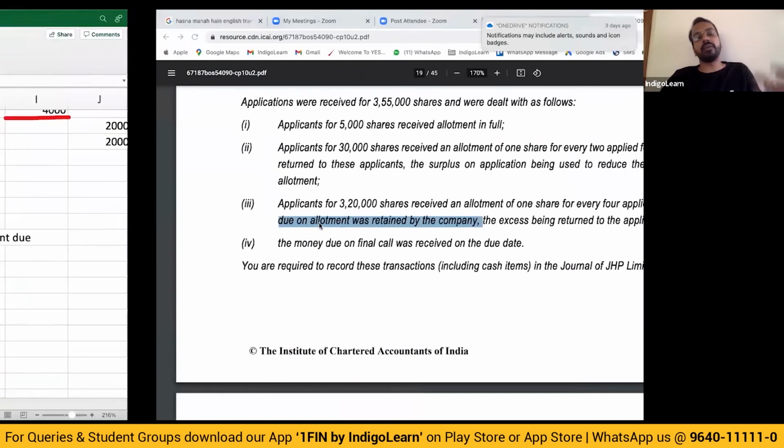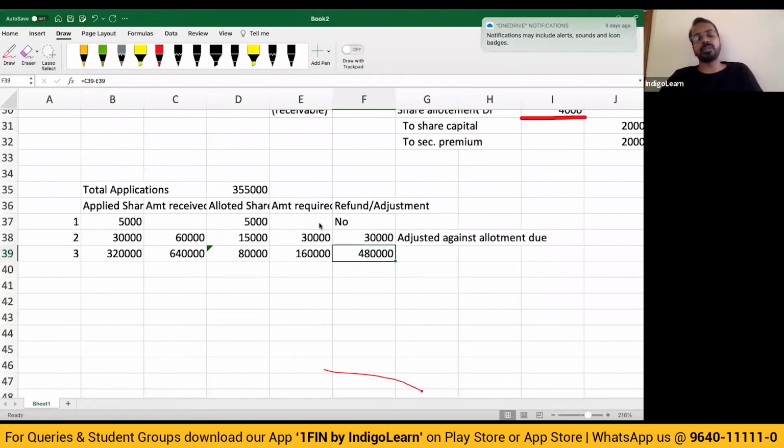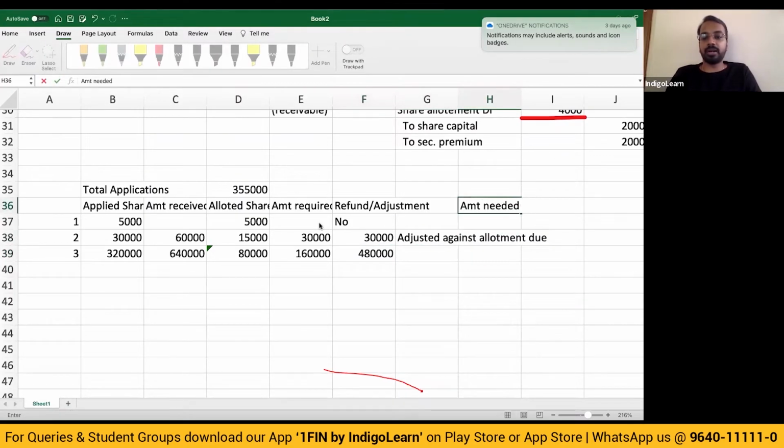Now, what does this mean? See, we collected 4,80,000. The question says, whatever is the amount due on allotment, keep that money, and the extra money is refunded back to the applicants. So here you have to make two things. One, amount needed on allotment.